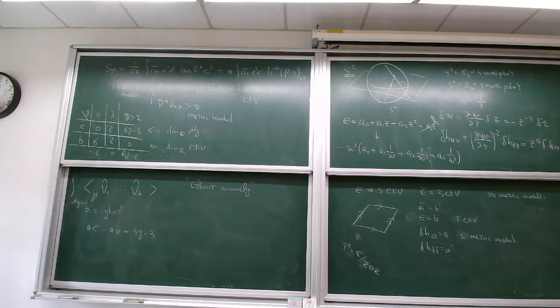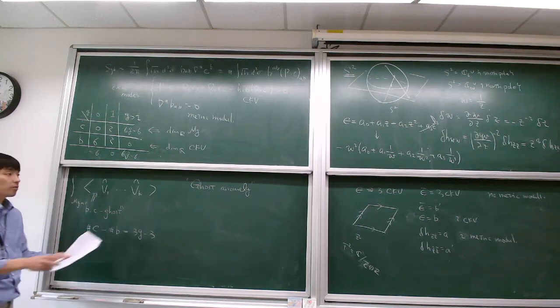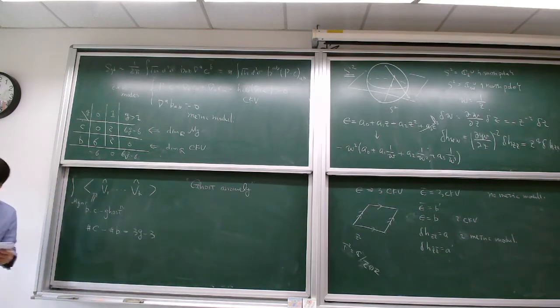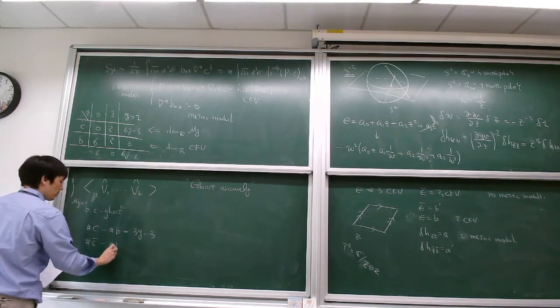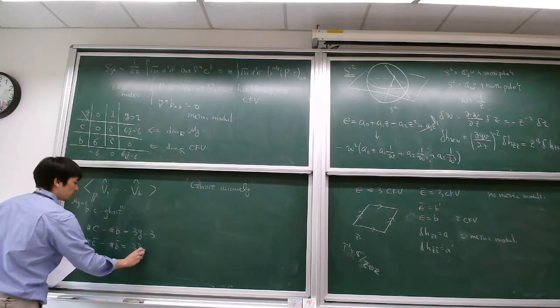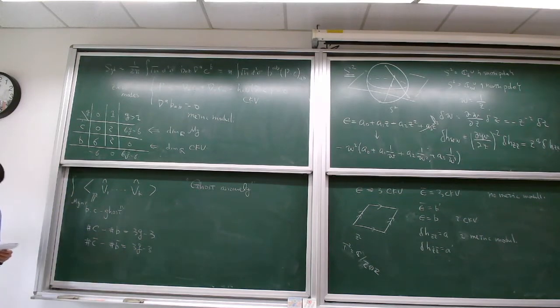So the BC ghost insertion has to obey this condition in order for the ghost anomaly to be absent. A similar thing happens for C bar minus the number of B bar, which is 3G minus 3.